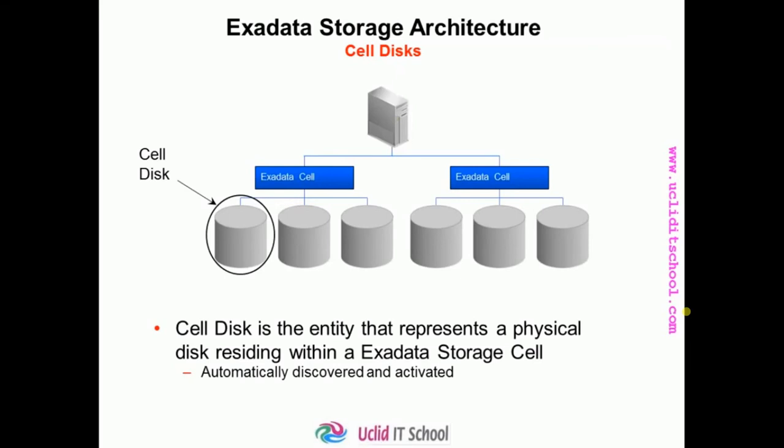Okay, and a hard disk is automatically detected, discovered and activated as a LUN inside the storage server. And on the LUN, we need to create a cell disk. There are commands to create a cell disk and to create a grid disk.